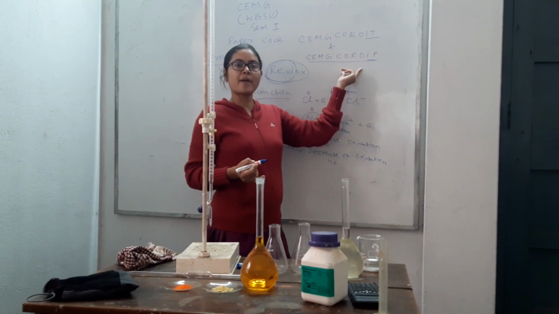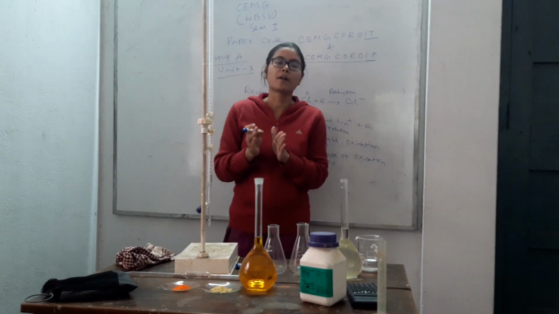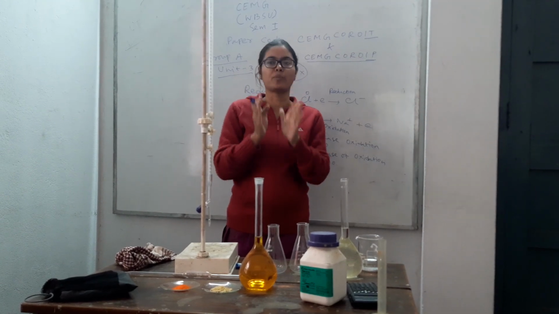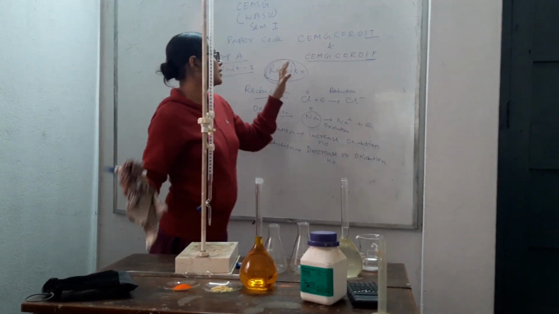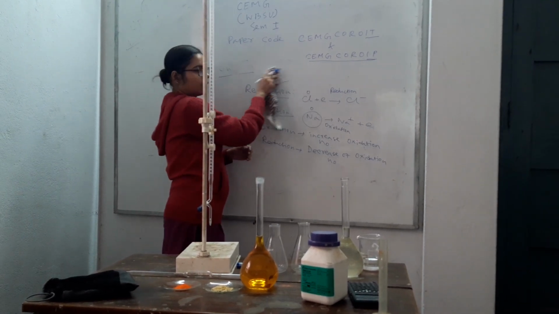So here in your paper CMG-COR01P, in this practical paper you have the estimation of iron 2 by potassium dichromate. So we are going to do this practical here.